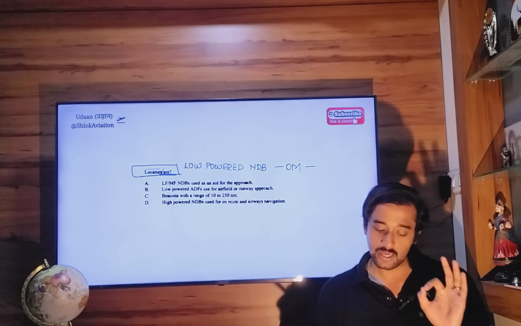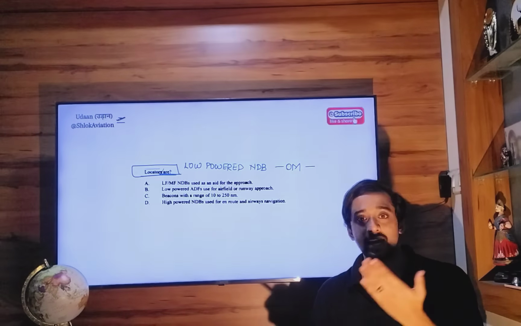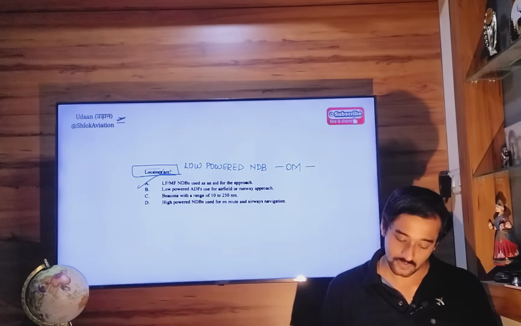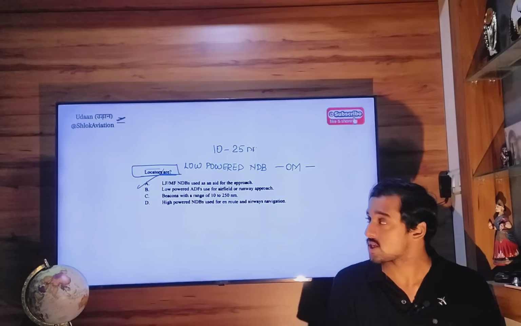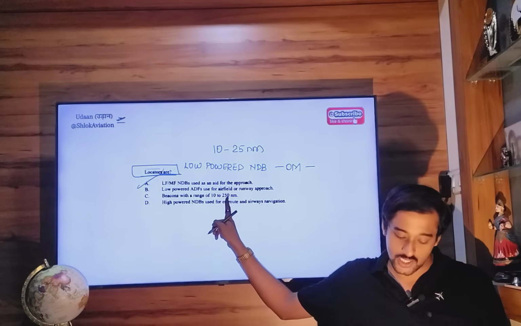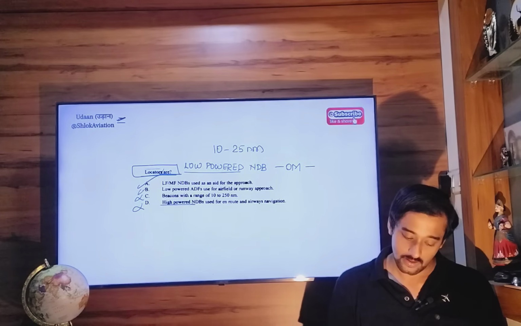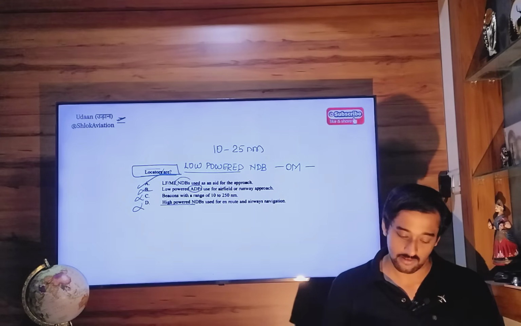So they are low medium frequency NDBs used as an aid for approach for going inbound, right? So option alpha is the right answer. And the range of them is 10 to 25 nautical miles, not 10 to 250. So this is wrong. And they are low powered, not high powered. And they are NDB stations, not ADS stations. So there is a difference.